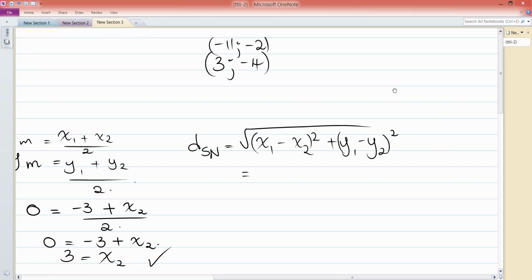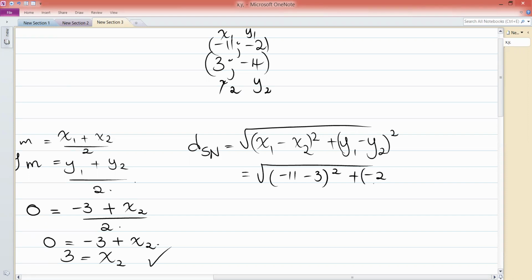It's up to you which one you name x1, y1, x2, y2. All right, so -11 minus 3 squared plus your -2 minus -4, so you end up with a plus there, and that's squared.